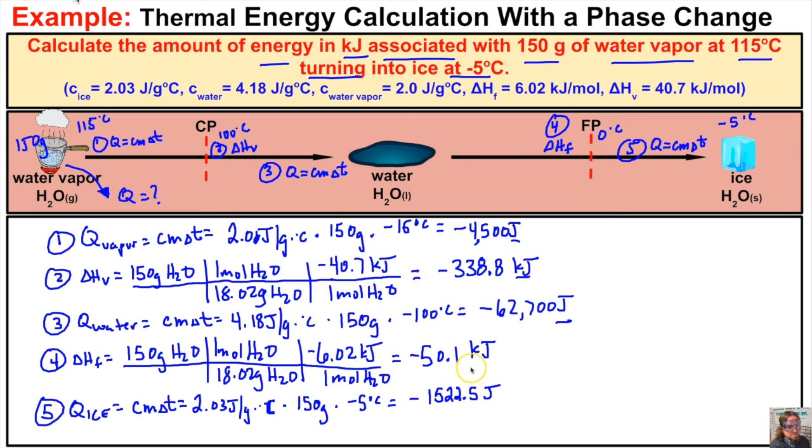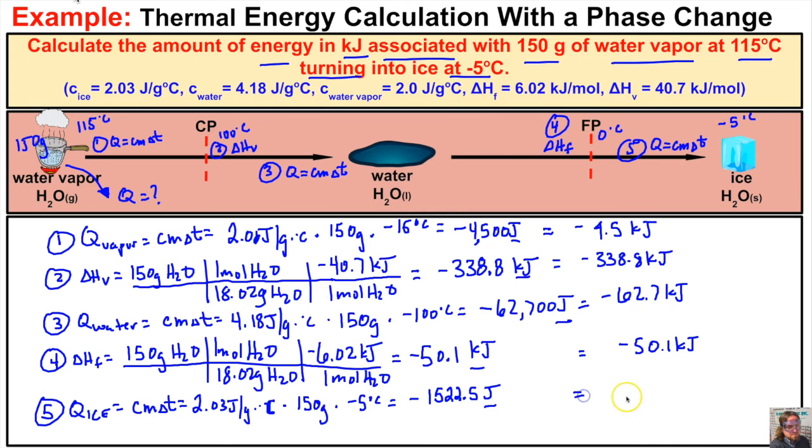However, the problem is that some of these are in kilojoules and some are in joules. The question here asks for everything to be in kilojoules, so we have to convert this to kilojoules. Negative 4.5 kilojoules here. This is negative 338.8 kilojoules here. This ends up being negative 62.7 kilojoules here. This ends up being the same, negative 50.1 kilojoules here.